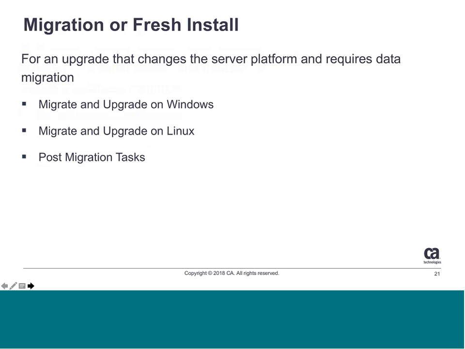And I'll not go into each and every step that is required to perform a migration and upgrade on a Windows platform or on a Linux platform. But this is important because we dropped support for Solaris from 10.3. So a migration or a fresh install would be required in those cases.